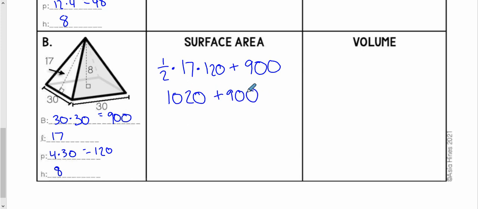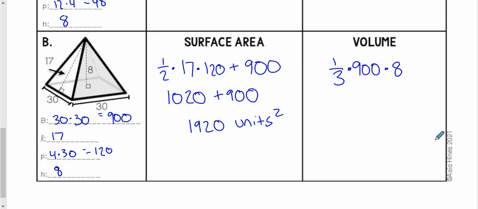When I add the 900 on, I get 1920 units squared. Volume is 1/3 the area of the base times the height. So I can do area of the base times the height divided by 3, and I get 2,400 units cubed.